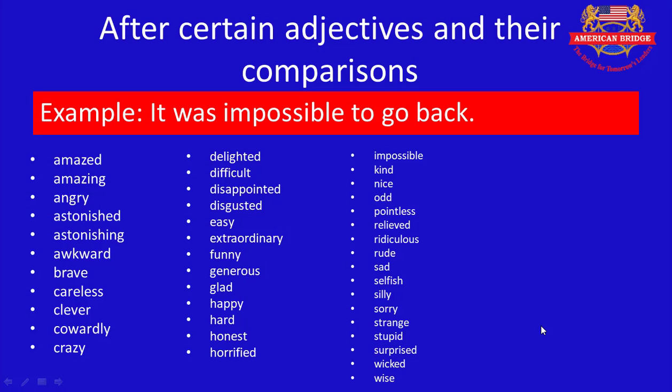So we have words like amazing, angry, astonished, brave, careless, clever, cowardly, crazy, delighted, difficult. Those adjectives are followed by the to infinitive.